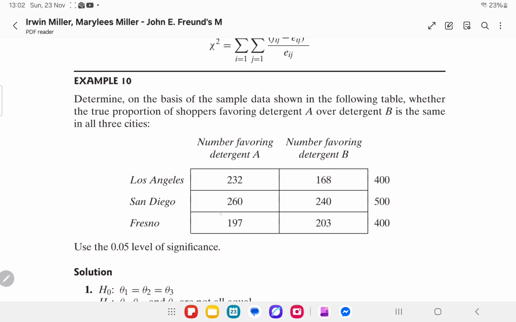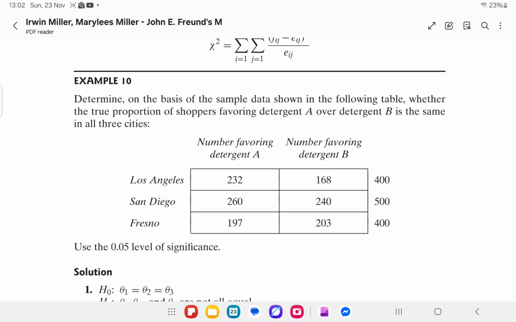And in San Diego, 260 people favor detergent A out of 500, and 240 people favor detergent B out of 500. And in Fresno, 197 people prefer detergent A, and in the same city, 203 people prefer detergent B.